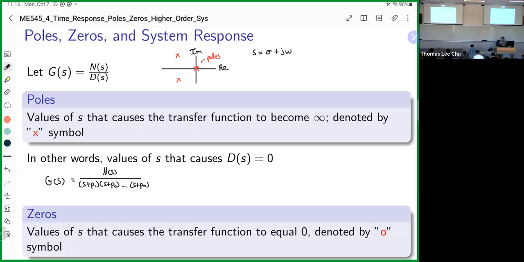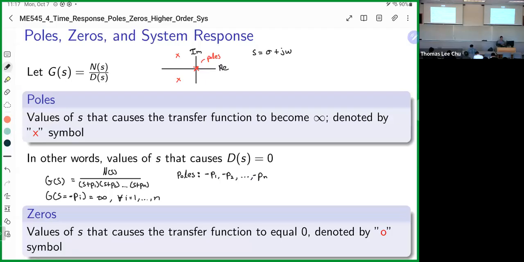Then when s is equal to minus some pole, the ith pole, G is going to equal infinity. And this is for all i from 1 all the way to n for thoroughness. So then our poles are going to be equal to minus p1, minus p2, minus pn.